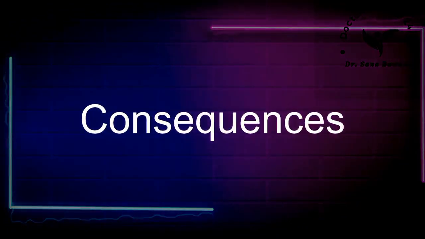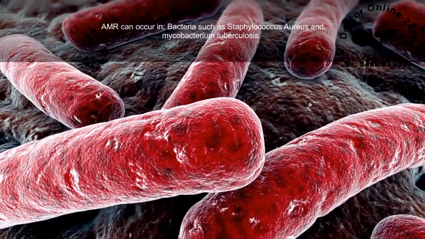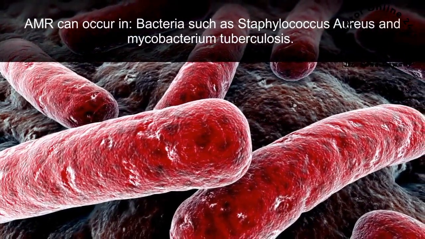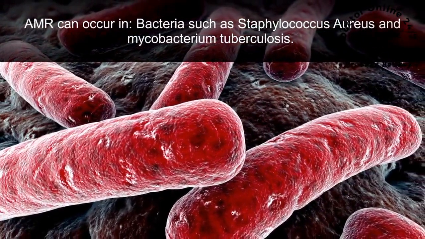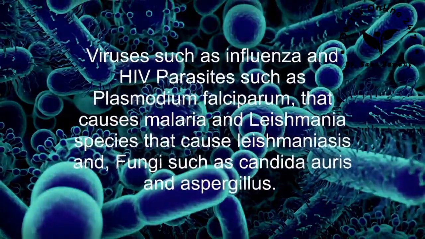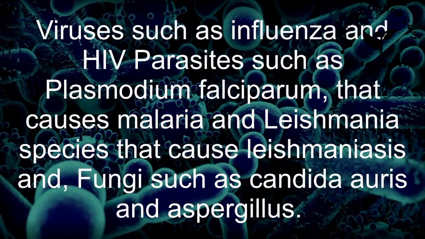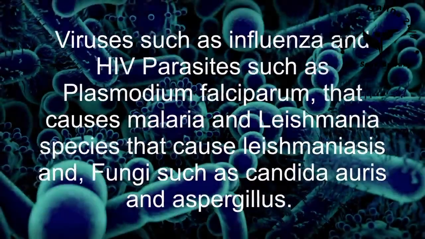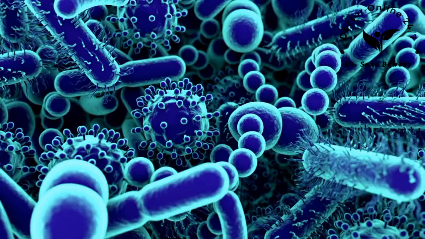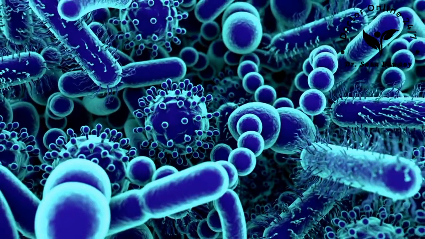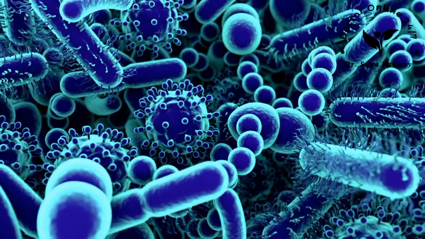Consequences: AMR can occur in bacteria such as Staphylococcus aureus and Mycobacterium tuberculosis, viruses such as influenza and HIV, parasites such as Plasmodium falciparum that causes malaria, and Leishmania species that cause leishmaniasis, and fungi such as Candida auris and Aspergillus.